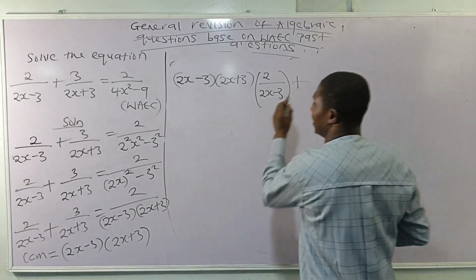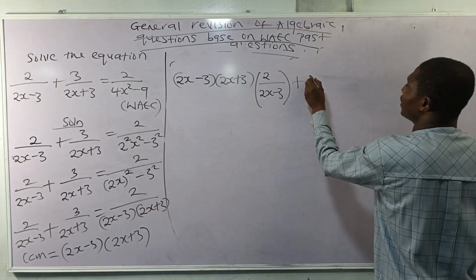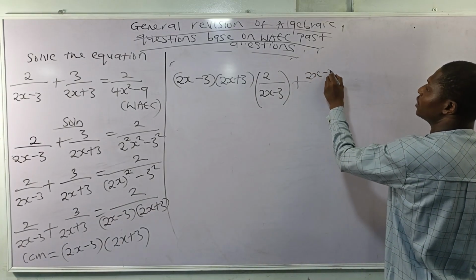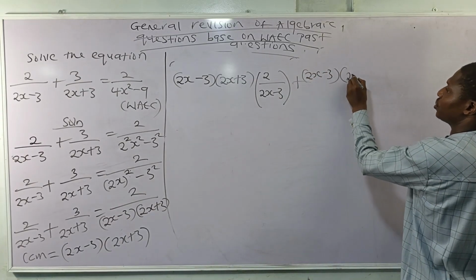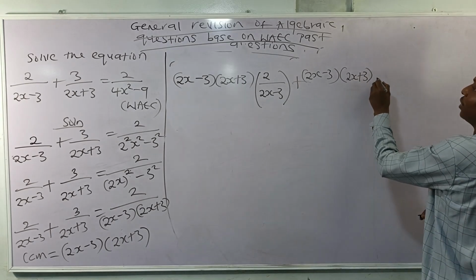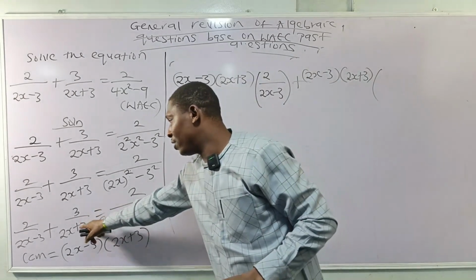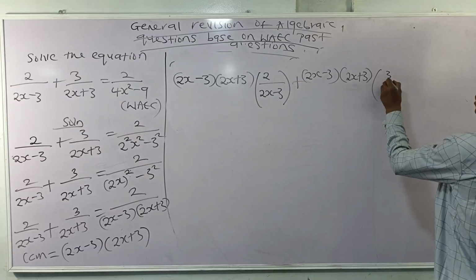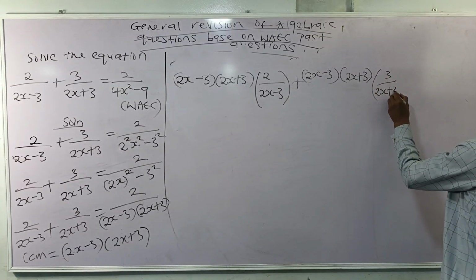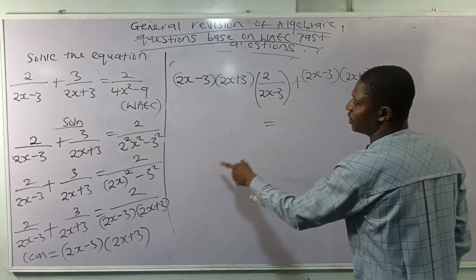I'll put my plus sign and I'll write my LCM again. (2x minus 3)(2x plus 3), multiplying 3 all over 2x plus 3. Put my equality sign.